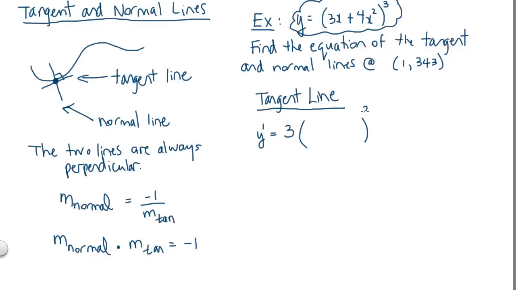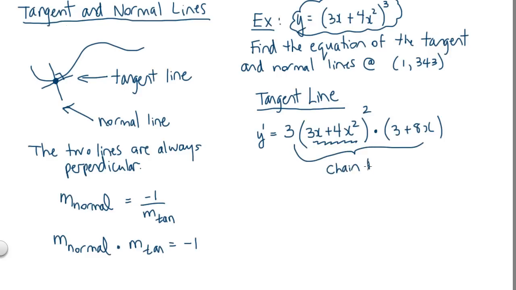The inside function is going to stay the same, and the power is now going to become 2. So we can recopy that inside function there. And then according to the chain rule, we need to now multiply by the derivative of this inside function. The derivative of the inside function would be 3 plus 8x. So this entire quantity here comes from the chain rule.